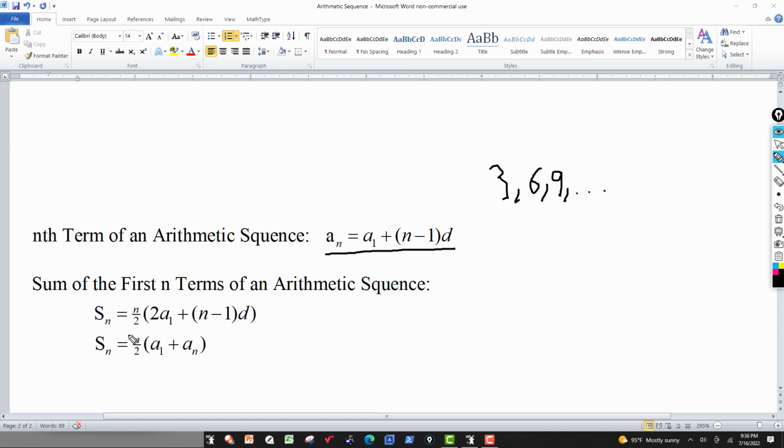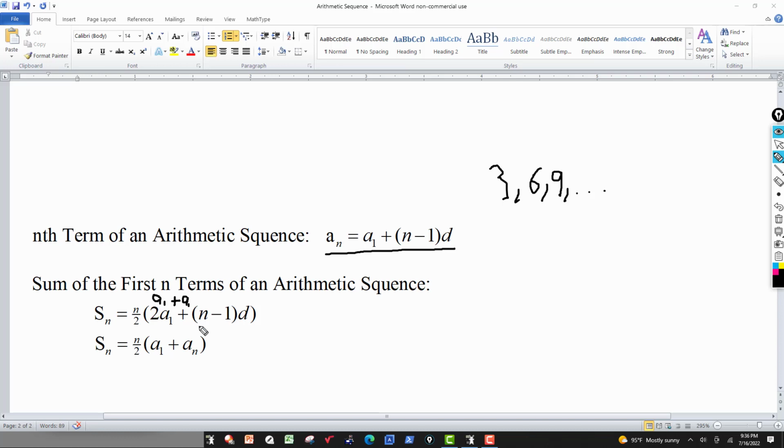These last two, you want to find, say, the sum of the first n terms of an arithmetic sequence. So notice the first formula, it's the number of terms n divided by 2, and then it's 2a1 plus n minus 1 times d, where d is the common difference. But notice that if I break this into, say, a1 plus a1, because that's 2a1.